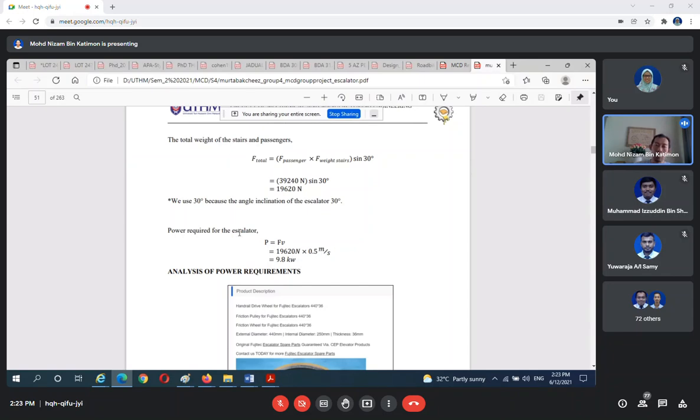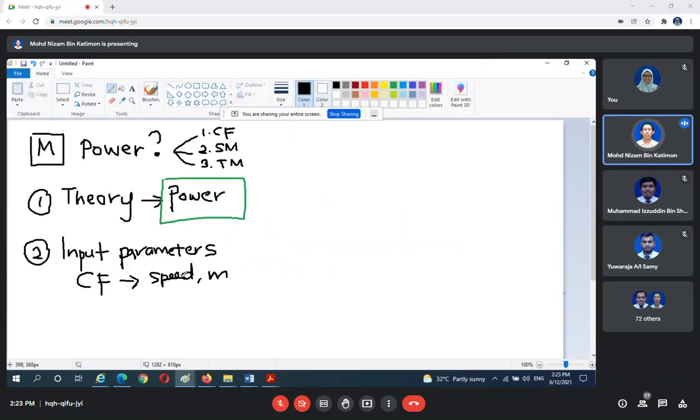From this theory, they got the minimum power, 9.8 kilowatt. Similarly, you have parameters to find the power.